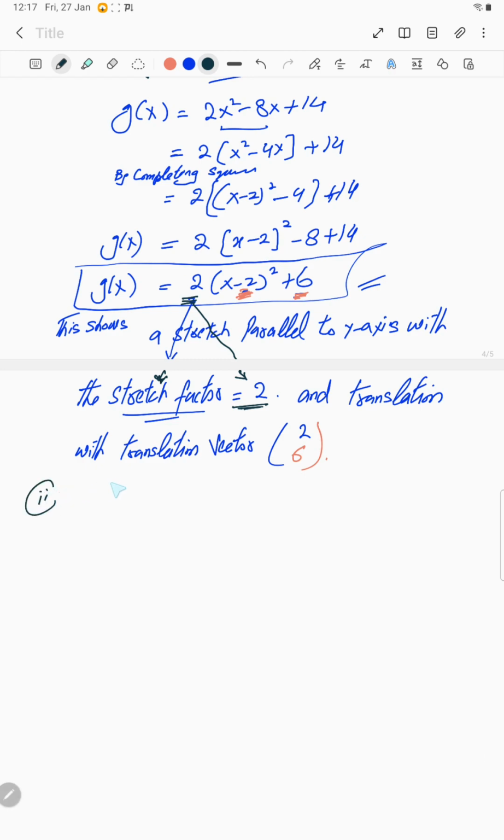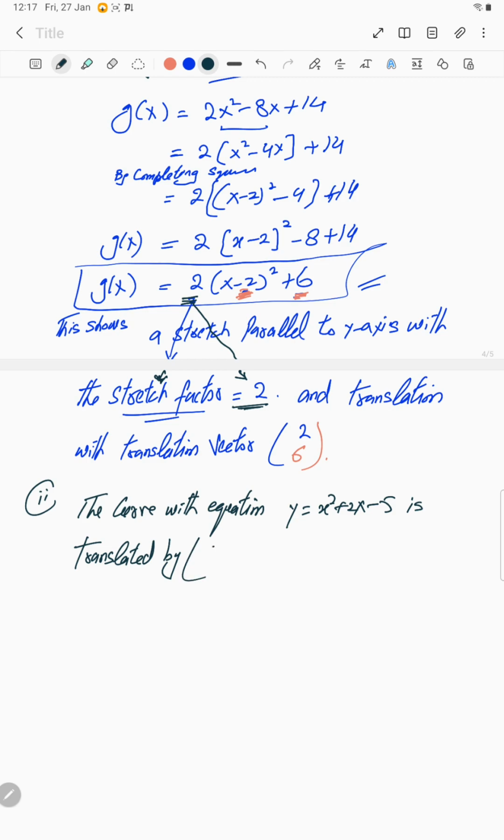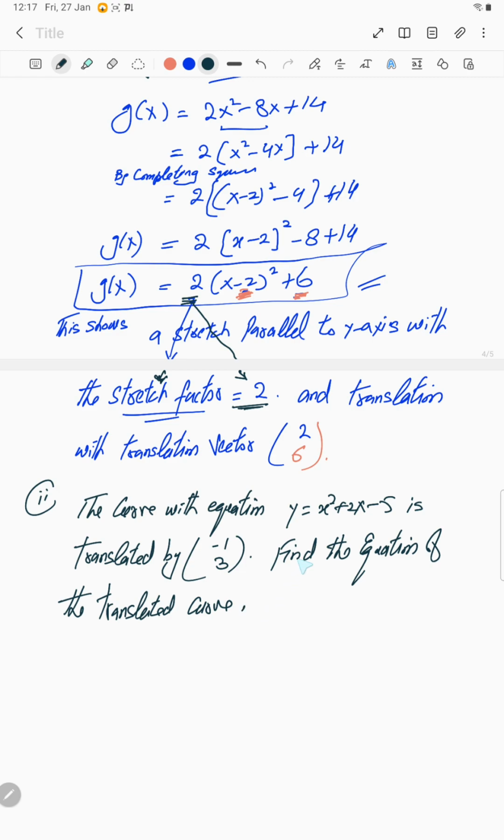The second part of the question is, given the curve with equation y equal to x squared plus 2x minus 5 is translated by the vector (minus 1, 3), we have to find the equation of the translated curve, giving your answer in the form y equal to ax squared plus bx plus c. It is a 2 marks question.